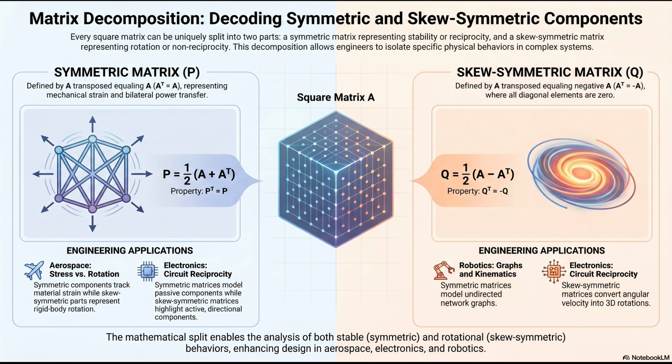Obviously not. They trust it because the computational physics engine driving it has validated those exact symmetric and skew symmetric properties a billion times over across highly randomized inputs without a single failure. The code proves the theory is robust enough to actually build our physical world on top of. It does. It takes the abstract and makes it load-bearing. That's a great way to put it.